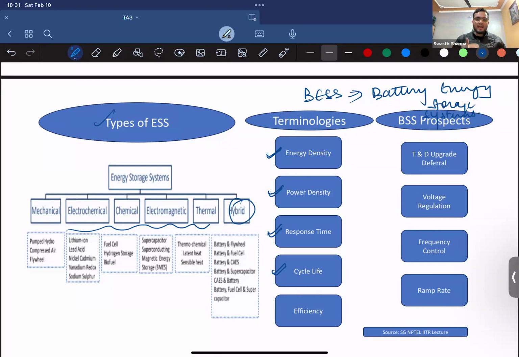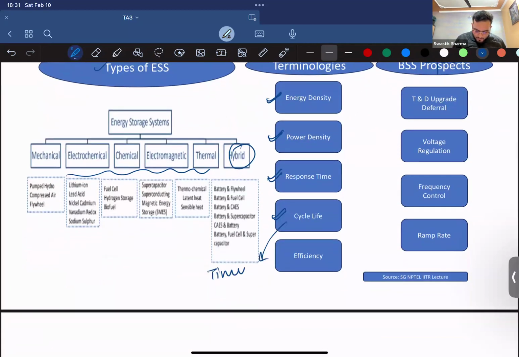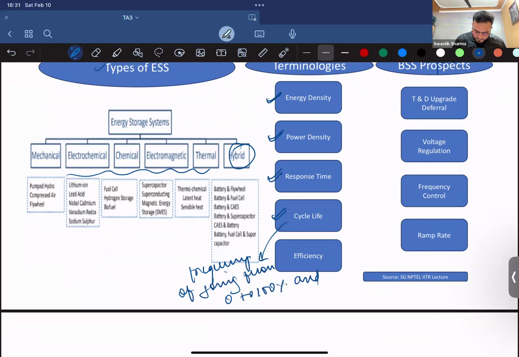With time, as your cycle life increases... Cycle life generally means the frequency of going 0 to 100% and back. If you charge from 0 to 100 and then discharge from 100 to 0, that is considered one cycle.